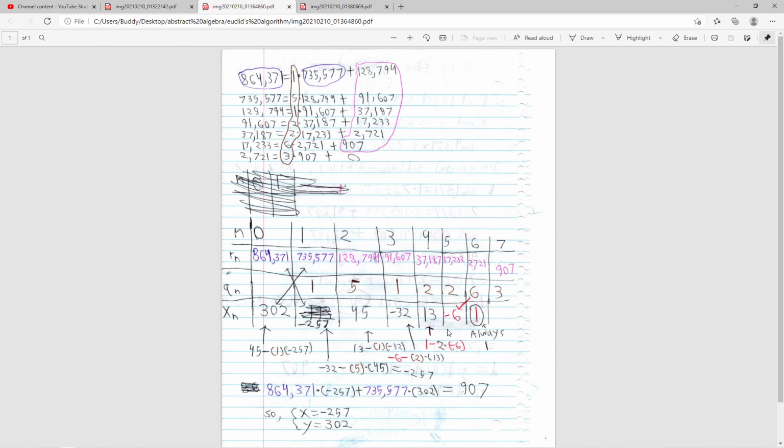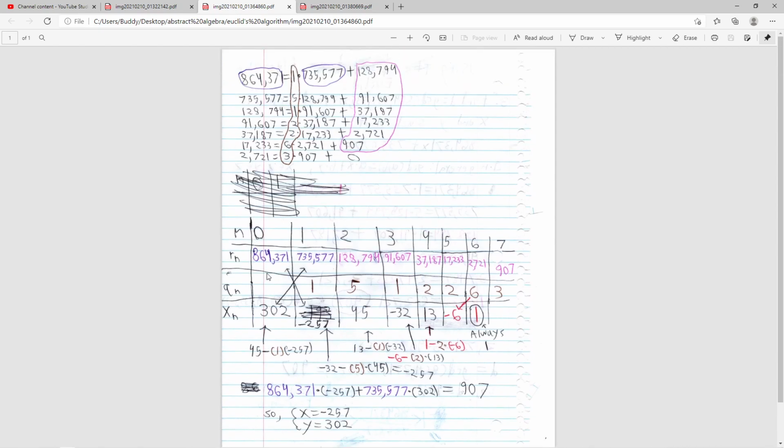I tried to illustrate this; it's kind of hard to explain. This one is 13 minus 1 times negative 32, so it's 45. Here, negative 32 minus 5 times 45 equals negative 257. Finally, 45 minus 1 times negative 257 gives the last value.